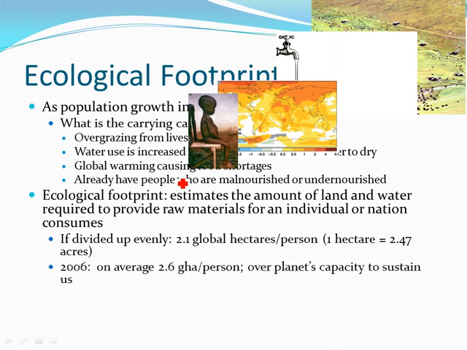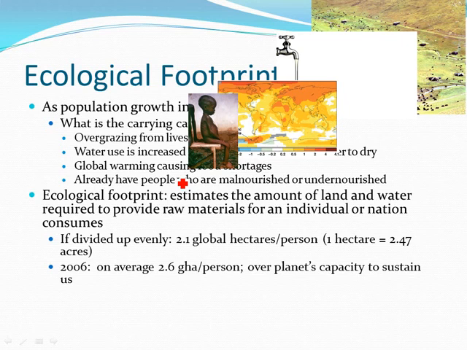Okay. In 2006, on average, a person used 2.6 of these global hectares, meaning that we've actually gone over the amount that the planet is able to provide for us. Okay.